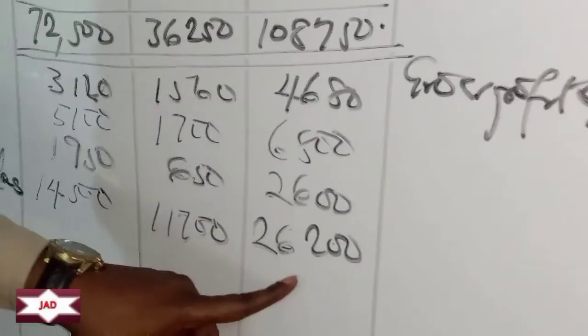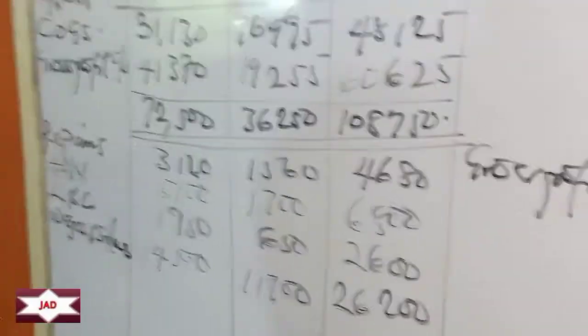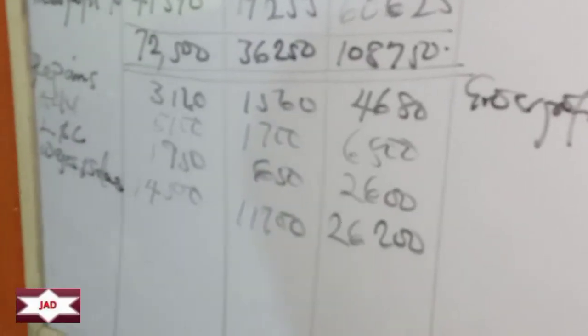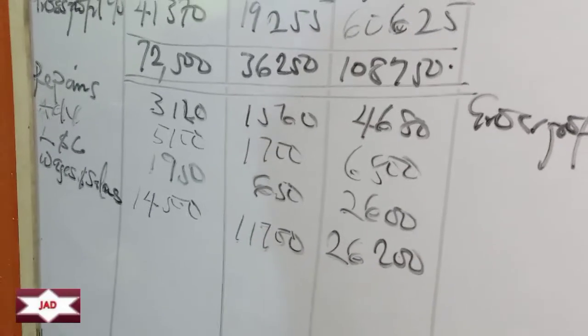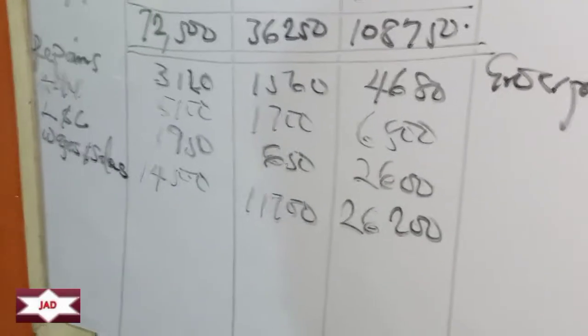So this 26,200 is the combination of what? Of total wages and total salaries. Wages is 17,800. Salaries is 8,400. So if you add both together, 17,800 plus 8,400, we have 26,200.